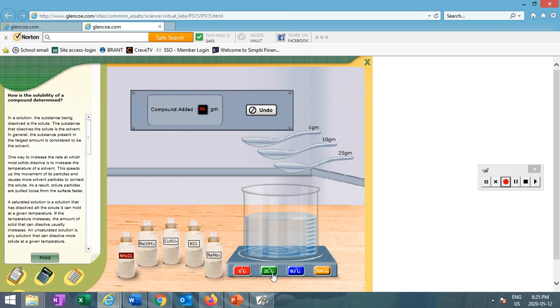So now we are going to switch temperatures. Now you can even see the hot plate started to light up. Again, you can theorize to yourself when you're doing this, should it be greater than 30? Yes, because these are solids, and when you increase the temperature, the amount you dissolve should be greater. So again, start with the biggest. Still too much.